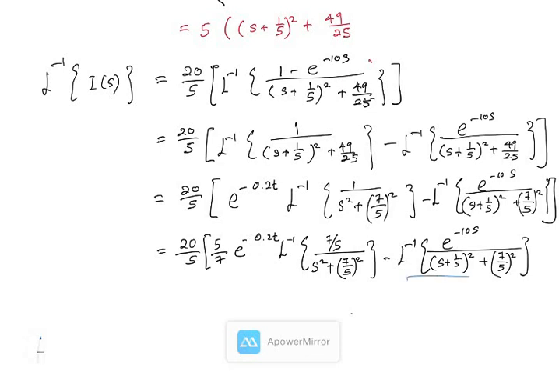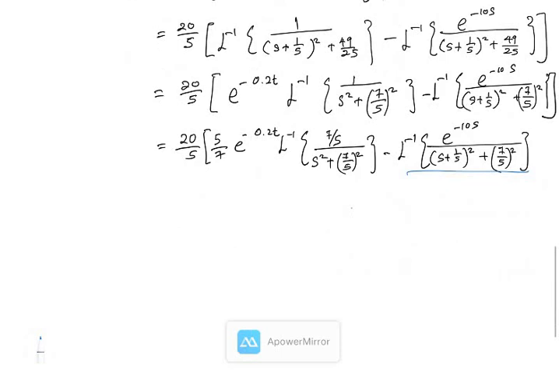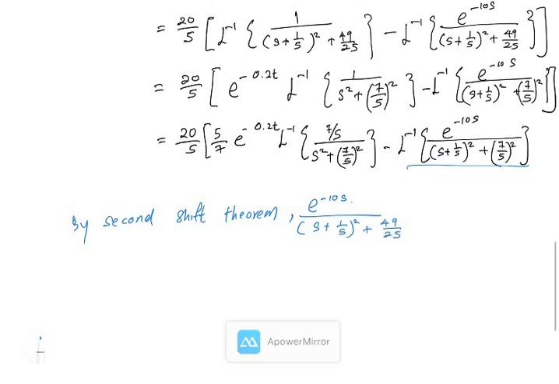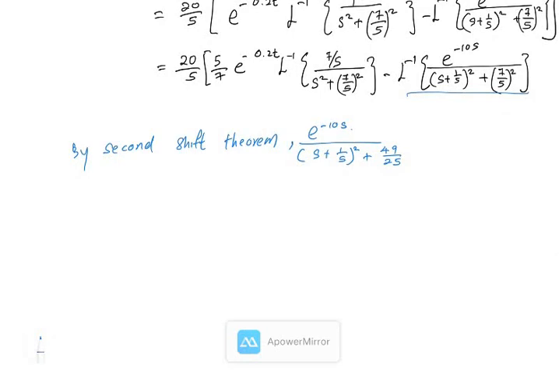To do this part we can solve using the second shift theorem, in which there is the exponent negative 10s divided by s plus, this is for s squared, (s plus 1 over 5) squared plus 49 over 25. Okay, so for the second shift theorem, we must follow the procedure or the steps to calculate.